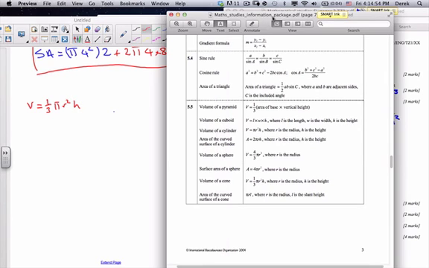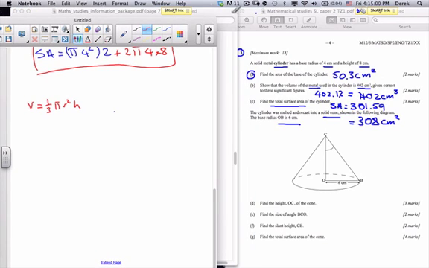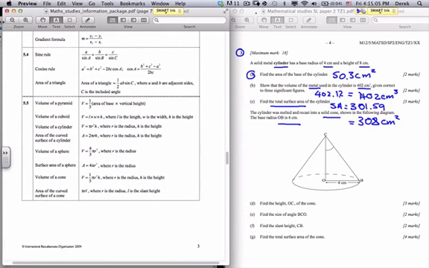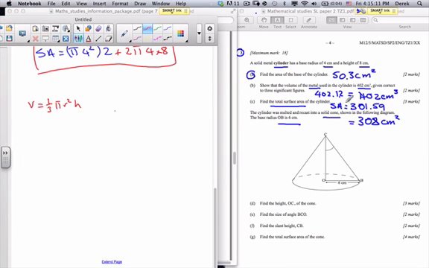Now we are told by this that this metal over here, so the volume here of 402 centimeters cubed, is recast. So the volume of this must also be 402 centimeters cubed.